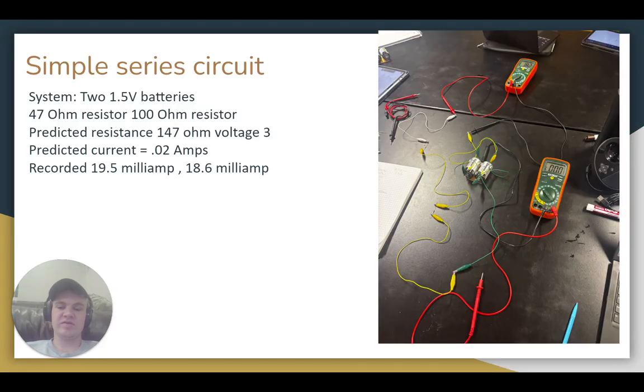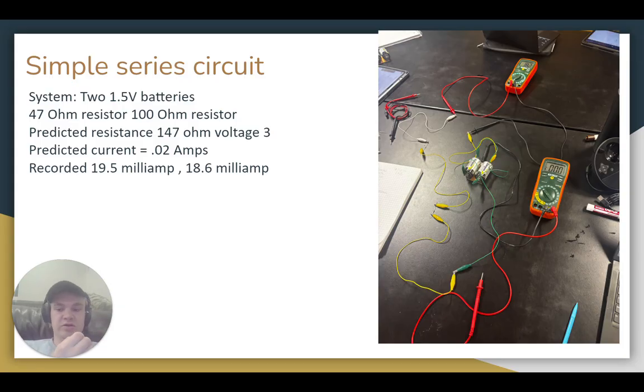19.5 milliamps turns into 0.0195 amps, and 18.6 is 0.0186 amps. So the first number is very accurate. The second number was lesser.